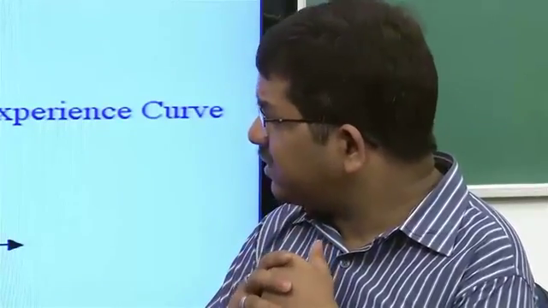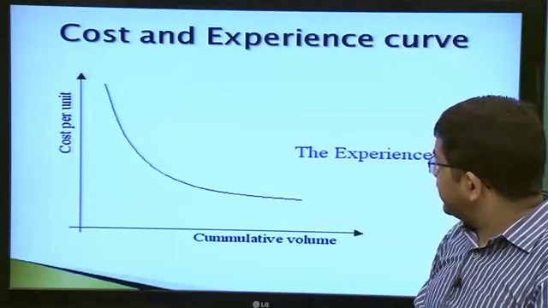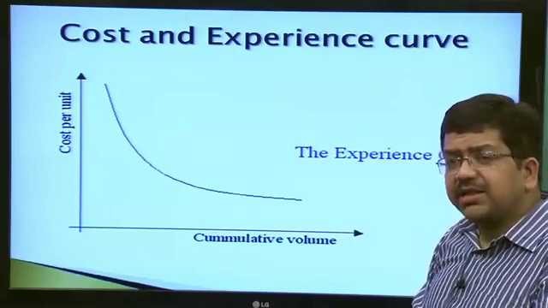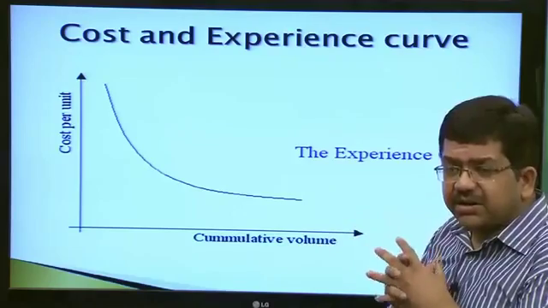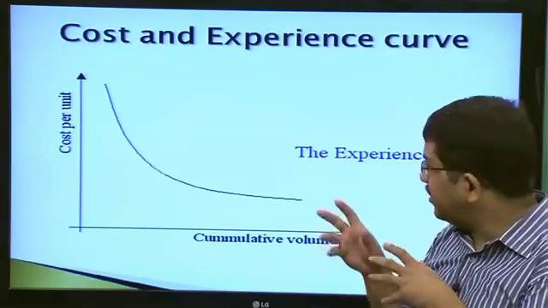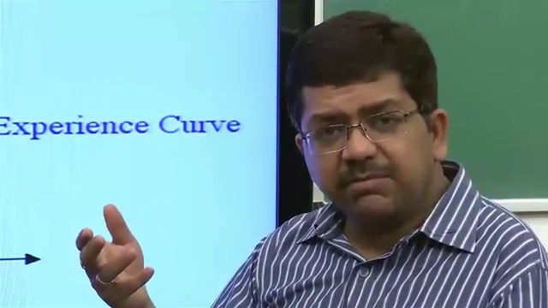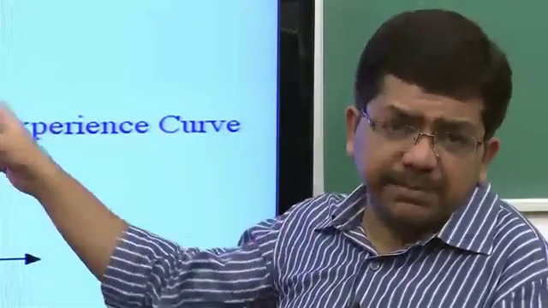So, your unit cost of production will go down because of this experience, and that is why it is said in marketing that a new player should try to avoid getting into a price war with the existing players, because an existing player will have more experience in producing a particular product.